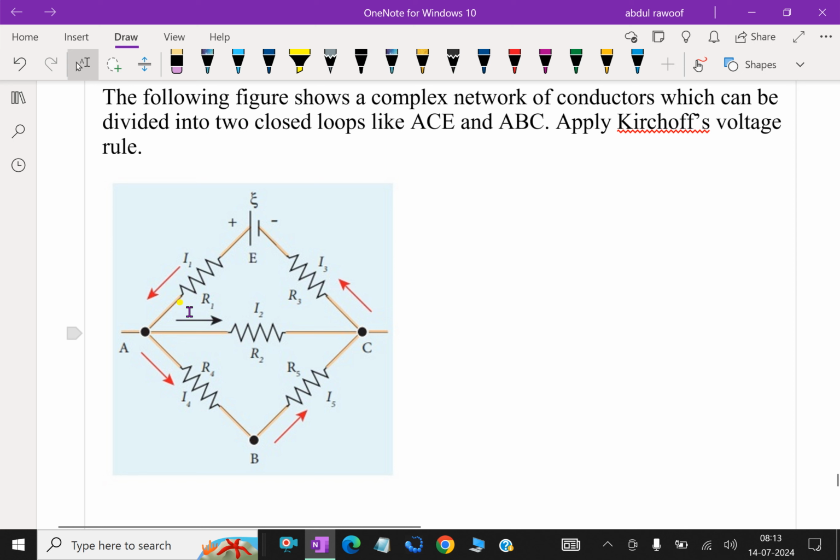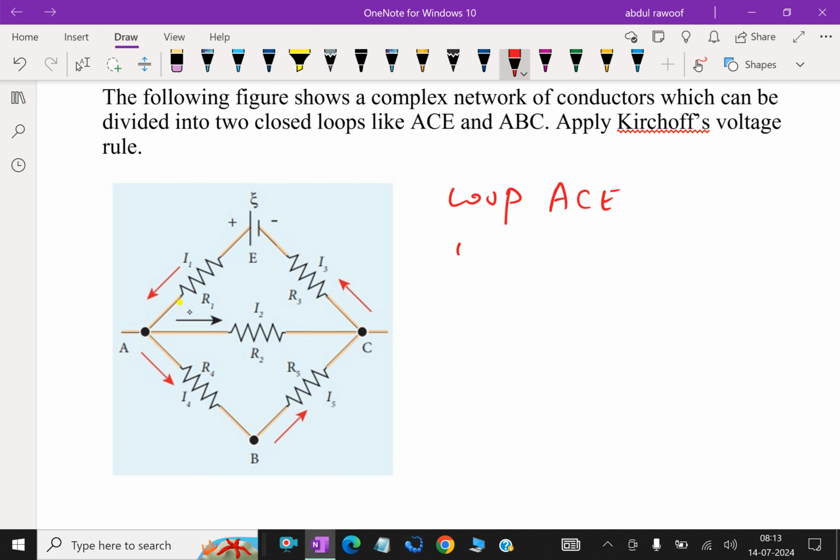In the first loop ACE, the current I1 into R1, V equals I1 R1 plus I2 R2 from this loop, and plus I3 R3.